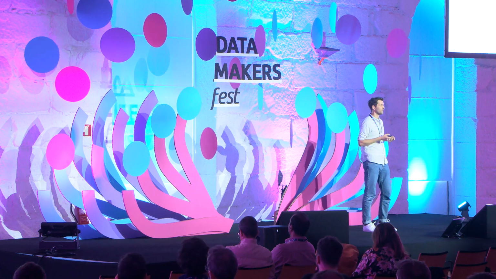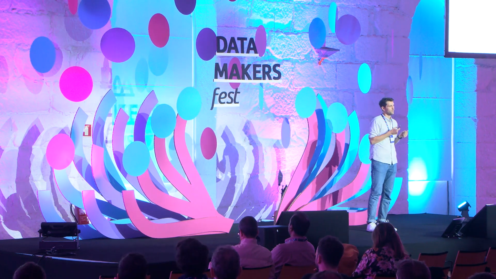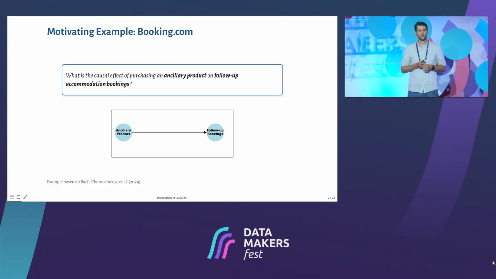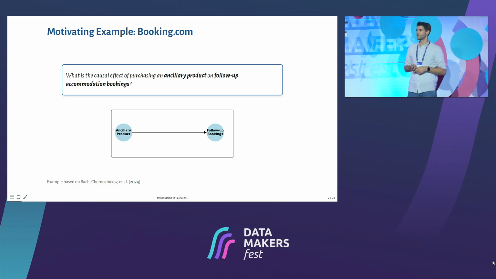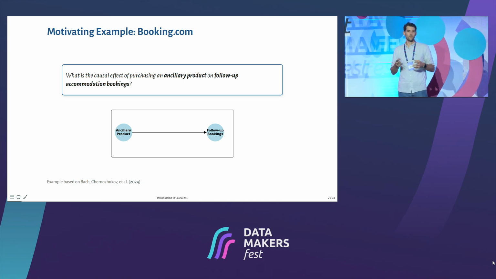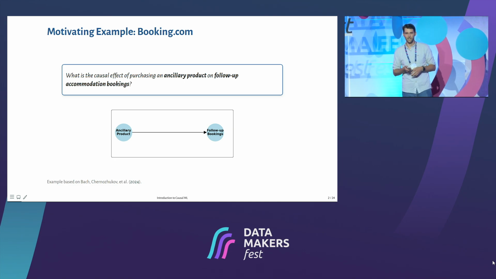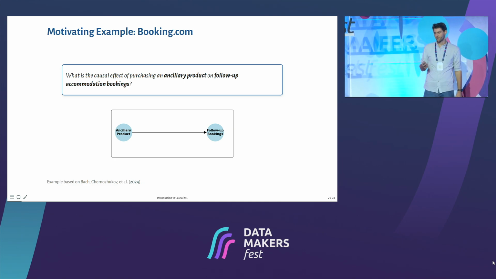And here you try to quantify this, so you see whether people book something, like an additional boat ride, and whether they have more bookings of accommodations, like hotel rooms, in the follow-up period. So that's basically sketching that causal question from the business perspective. And I guess most of you will have some kind of idea on such relationships.